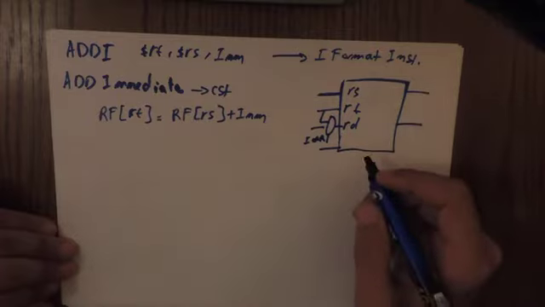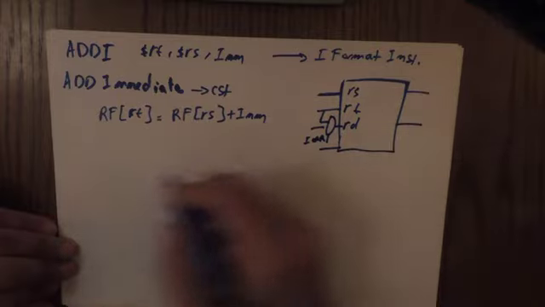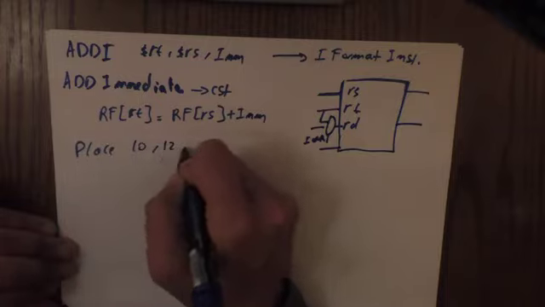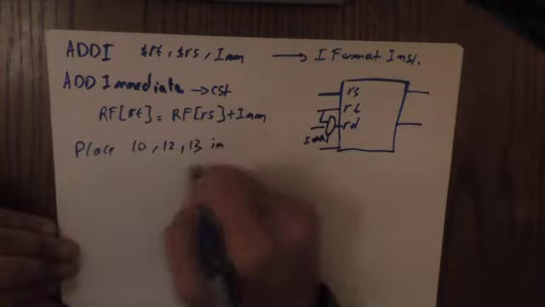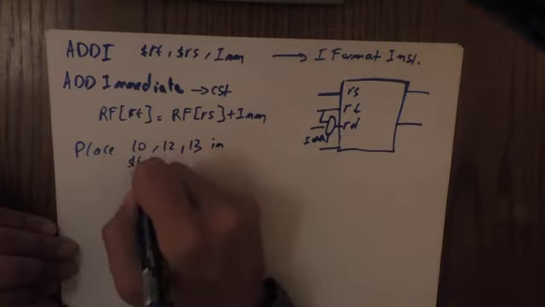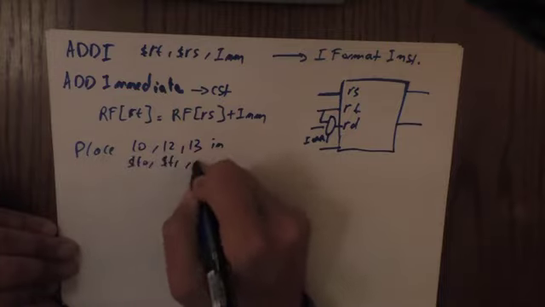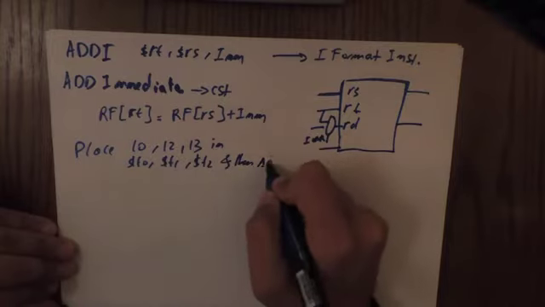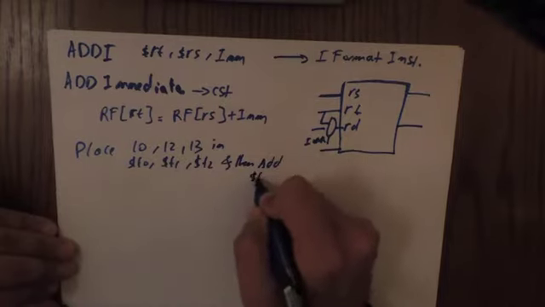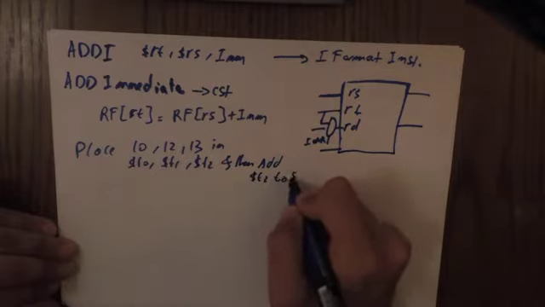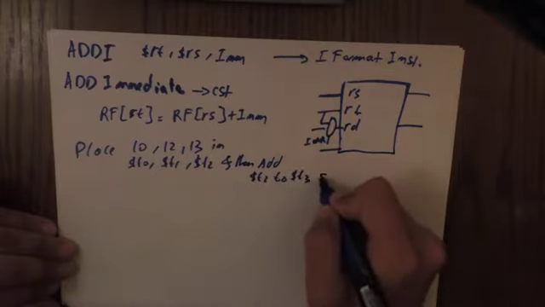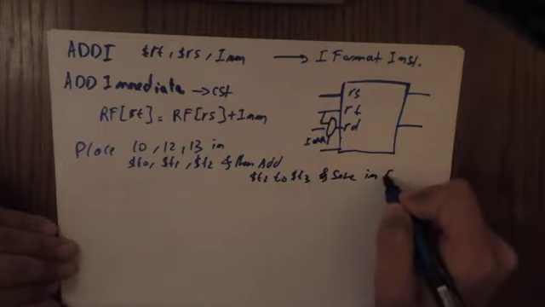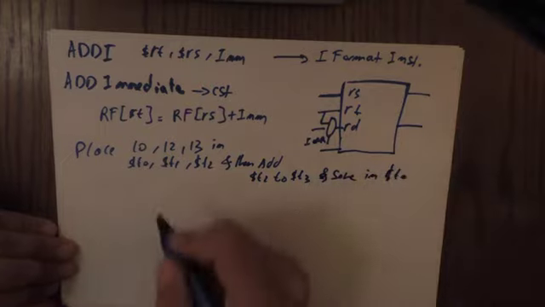So let's go to the example where I want to place 10, 12, and 13 in T0, T1, and T2, and then add T2 to T1 and save in T0.